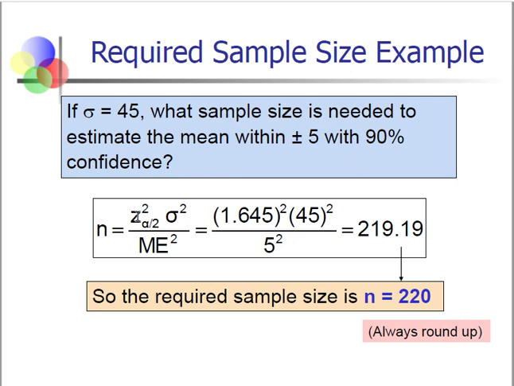In this case, our alpha is 0.1, so alpha over 2 is 0.05. So we look for the Z value at alpha over 2, and we find 1.645. We square it, our standard deviation is 45, we square it, and the margin of error is plus or minus 5, so we also square it. We're going to find that the sample size required is actually 220.